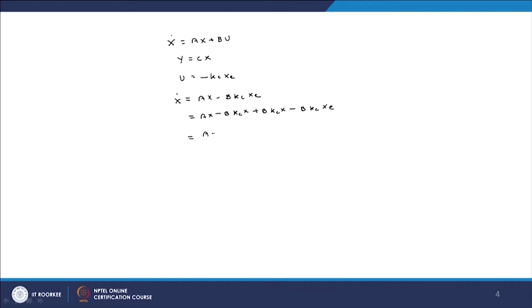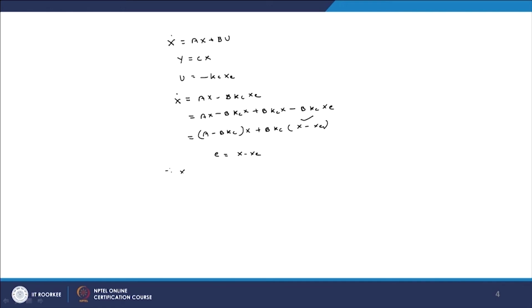Now, here A minus B KC into x plus B into KC common x minus XC. You will find that x minus XC, this factor, is nothing but the error. Therefore, we write E equal to x minus XC.